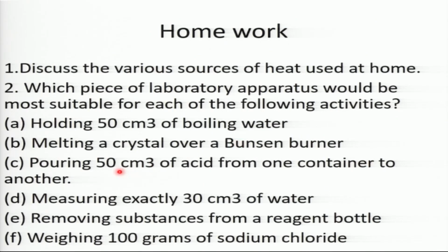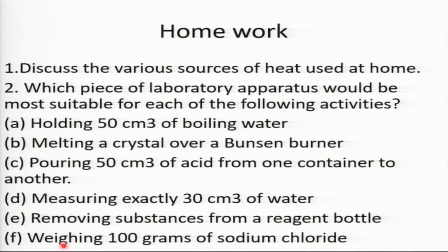Another one, pouring 50 cubic centimeter of acid from one container to another. Which one have I talked of that will help you to transfer a small amount of a liquid from one container to another? We have looked at that. Another thing is measuring exactly 30 cubic centimeter of water. What is that?